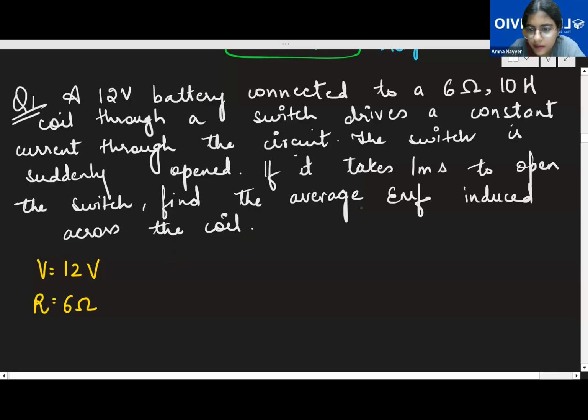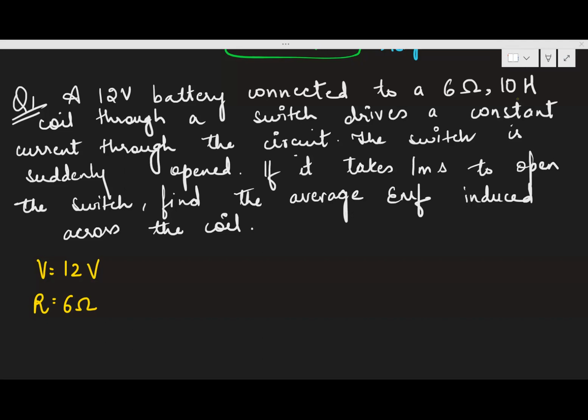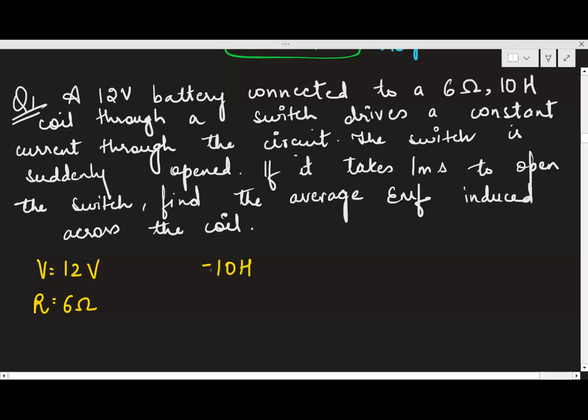You're asking the question: what is this 10 given? What should I write? What is the symbol for it? Self-inductance. Tell me the symbol, Aisha. 10H. Yeah, 10H is there. What is this 10H equal to?